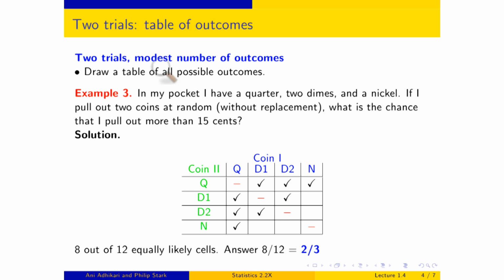So I'm saying a modest number of outcomes. By that I mean a number that I am willing to write out in a table. I'm going to tell you, if I had 2 cards dealt from a standard deck, there is no way I would write out a 52 by 52 table, though some of my students have done this in the past, but I will not. I will want some better technique to handle that.